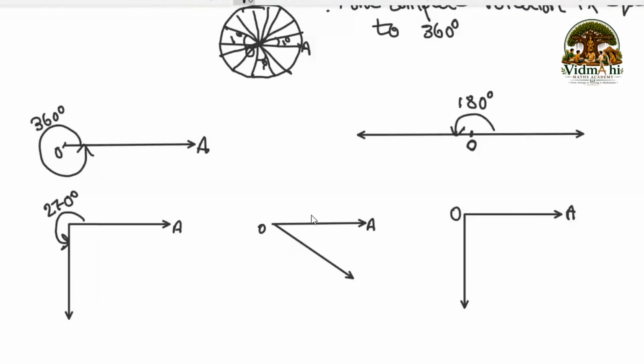What if the ray rotates in the opposite direction? Observe this fourth figure. Here the ray rotates in the opposite direction, that is clockwise rotation. In this case we consider a negative angle. So for this figure the angle is minus 30 degree.